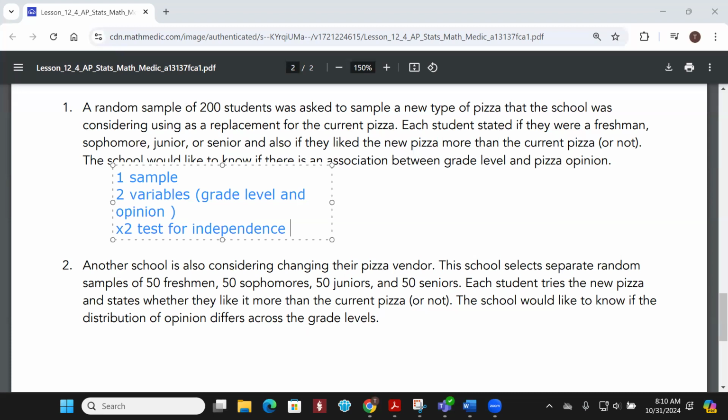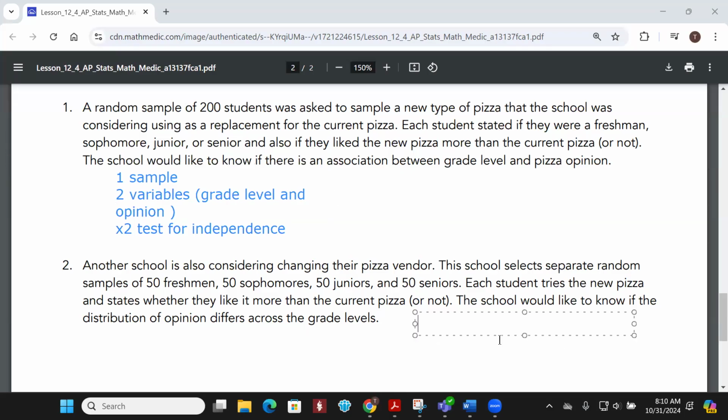Okay, good job. All right, on the next one. Another school is also considering changing their pizza vendor. This school selects separate random samples of 50 freshmen, 50 sophomores, 50 juniors, 50 seniors. Each student tries a new pizza and states whether or not they like it more than the current pizza. The school would like to know if the distribution of the opinion differs across the grade levels. How many samples do we have?